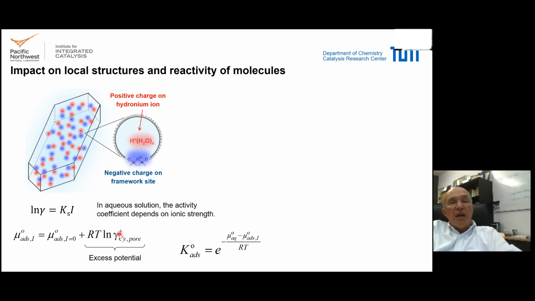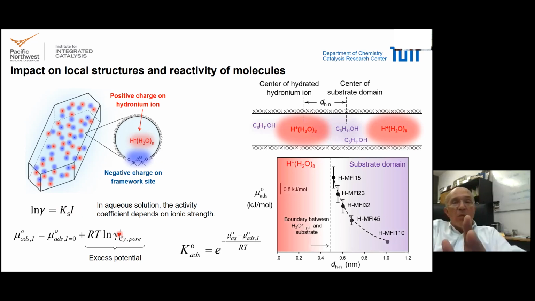Now, if we want to understand how this space really depends on those interactions, what we have done in the little model is take the center of such a hydronium ion and put it into the middle between two of those hydronium ion clusters.